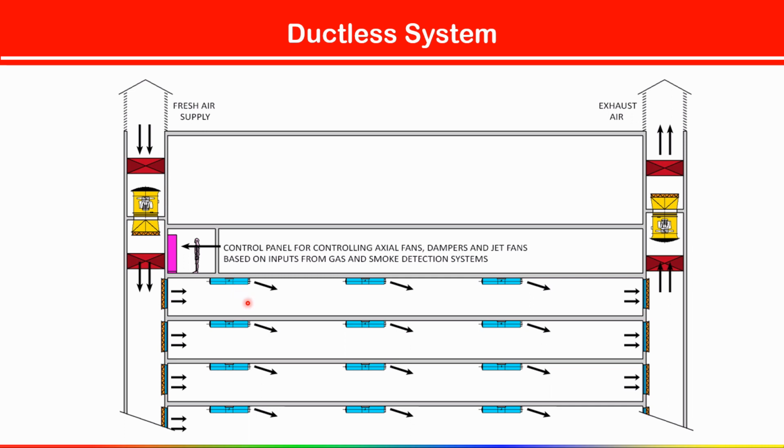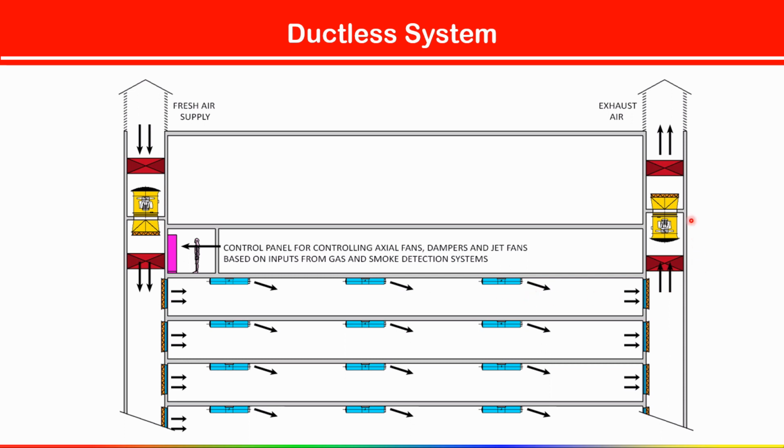So this jet vent axial fan starts, and this fan sucks that exhaust and supplies it to another jet vent fan. Then this fan extracts the exhaust air. Suppose you are using a 50 Newton thrust fan, it can cover 400 or 500 square meter area. So it will cover that area and discharge that air to another jet vent axial fan.